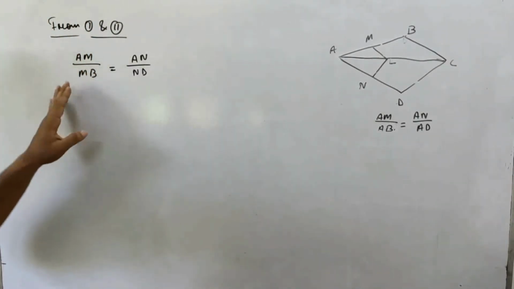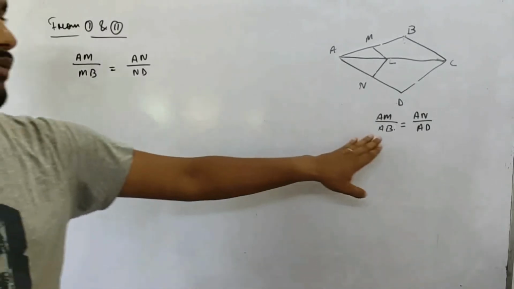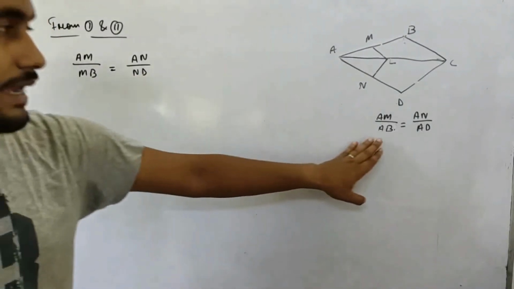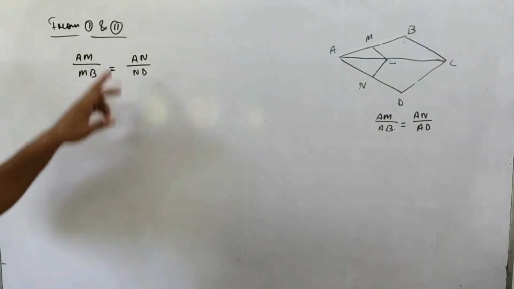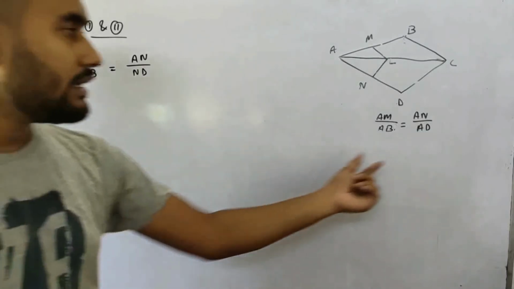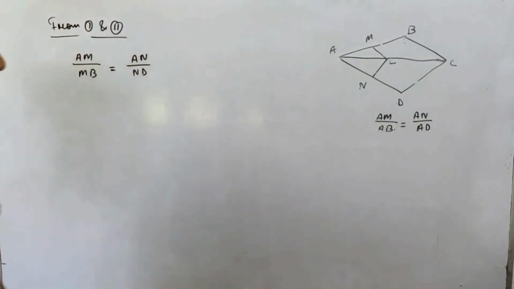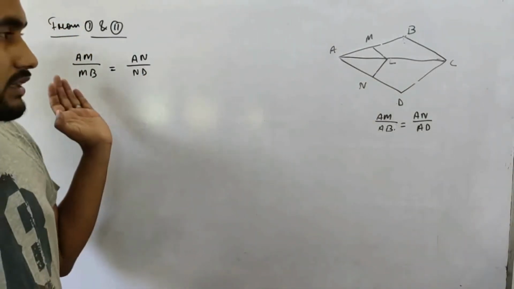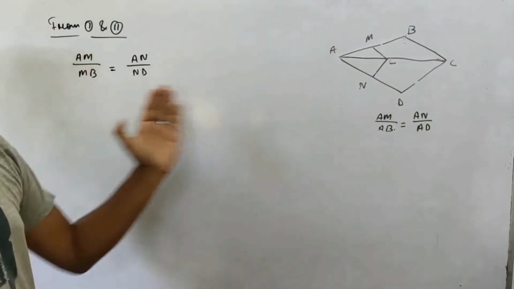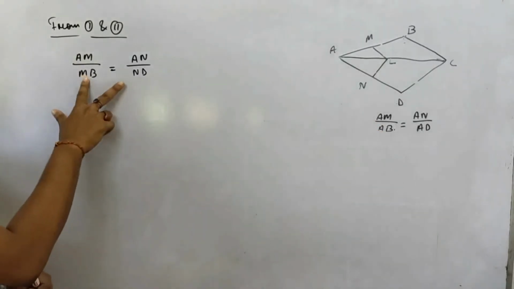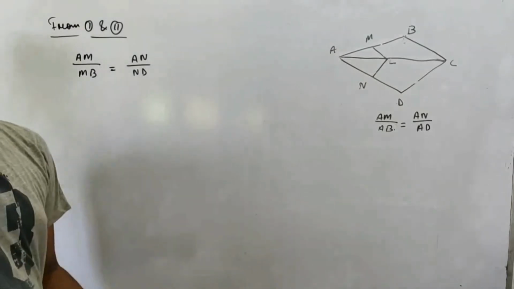In place of MB, what do I need? AB I need. So MB is not required. AB is required. Then AN is matching. ND is not required. AD is required. So I have to change that one. Now the first rule, when you have such a problem, where one thing is not required and in place of this I need something else, the first thing you will do is take this thing to the top in the numerator.